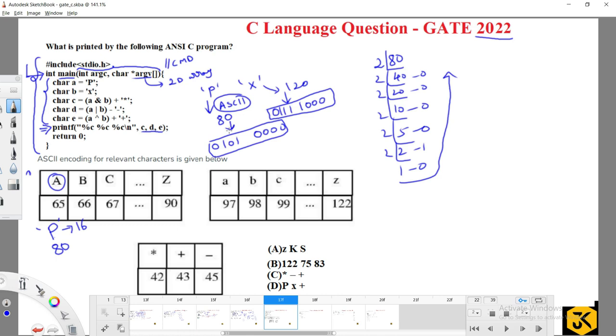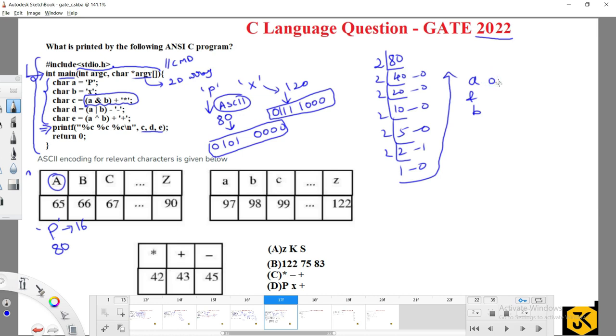If you observe, the character c variable is going to hold this expression, where I am performing A and B. The bitwise AND operator is performed on bits, not directly on values. That's why I converted the ASCII value into bit format.